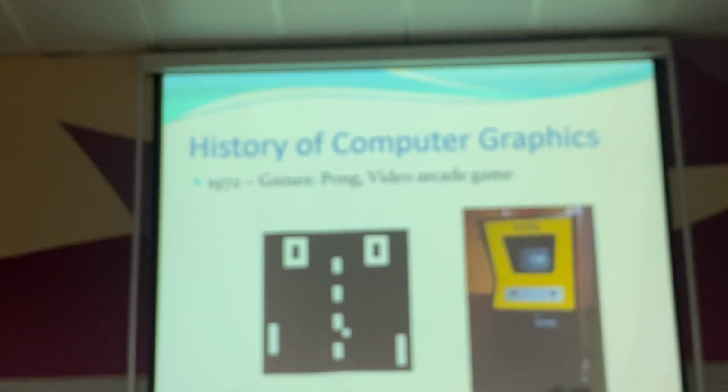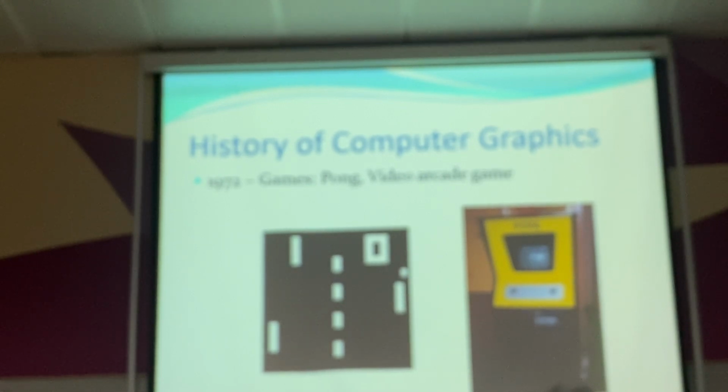Then in 1972 we started to have the old school games with the big arcade machine like this, just to play a simple Pong game in black and white. These were the video arcade games in 1972.